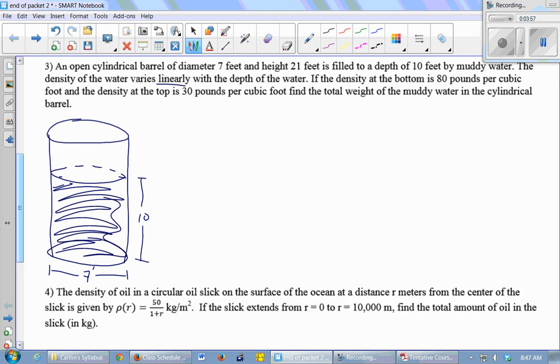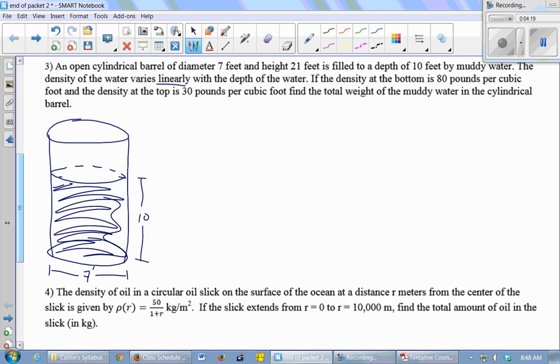It'll be most dense at the bottom, most mud is at the bottom, and less dense as you go towards the top. So we're going to say the density at the bottom is 80 pounds of mud per cubic foot, and the density at the top will be 30 pounds of mud per cubic foot. And we want to find the total weight of the muddy water in the cylindrical barrel.